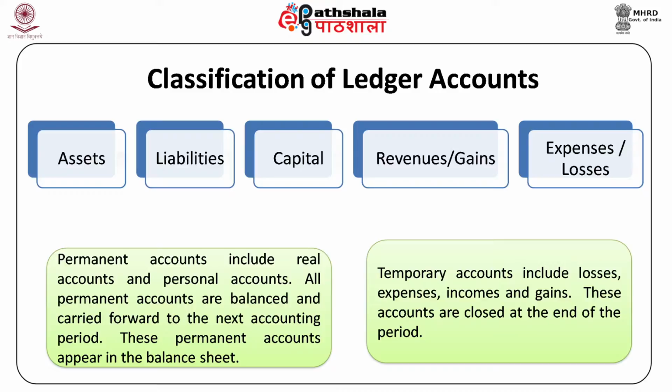All these accounts may further be put together into 2 groups, that is, permanent accounts and temporary accounts. Permanent accounts include real accounts and personal accounts, whereas temporary accounts include losses, expenses, incomes, and gains.